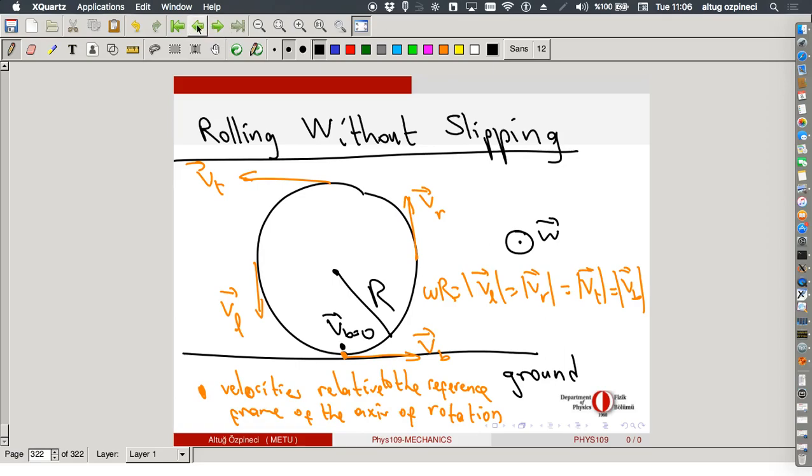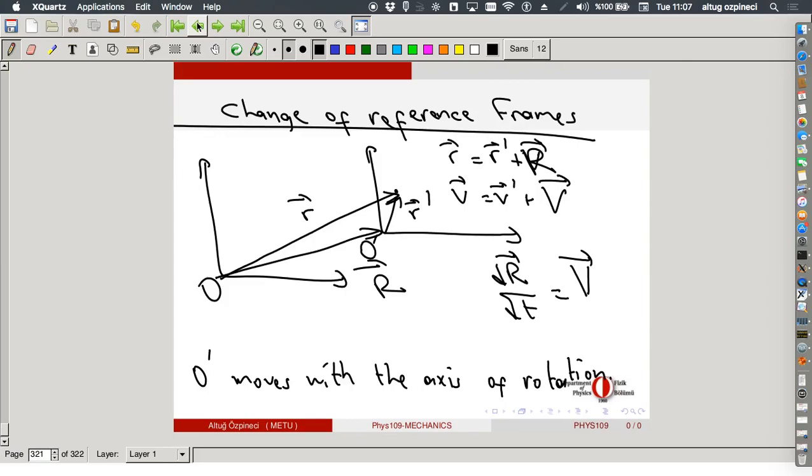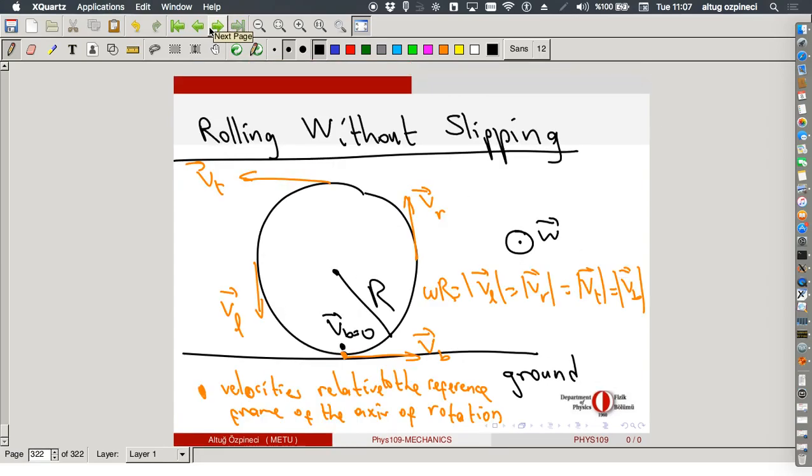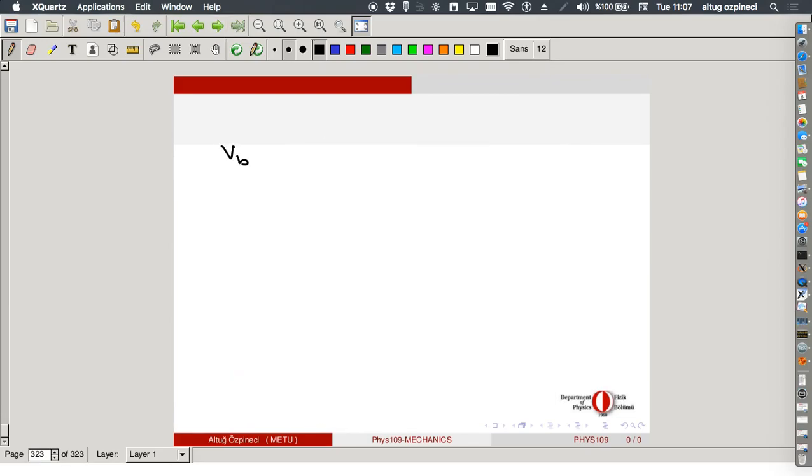Now that tells me already one thing. Remember this translation law. VB, this is the velocity in your reference frame, should be equal to VB, the velocity of the bottom point in the reference frame that is moving with the axis, plus large V. Large V is the velocity of the axis relative to your reference frame.